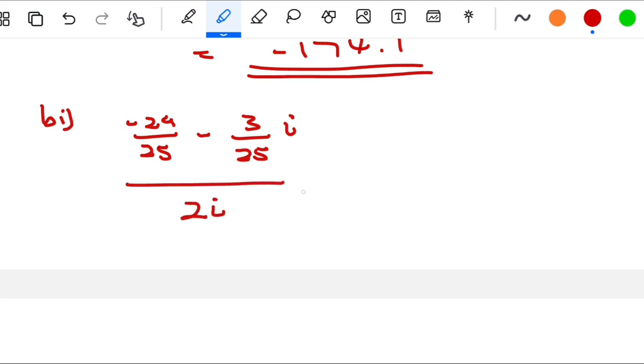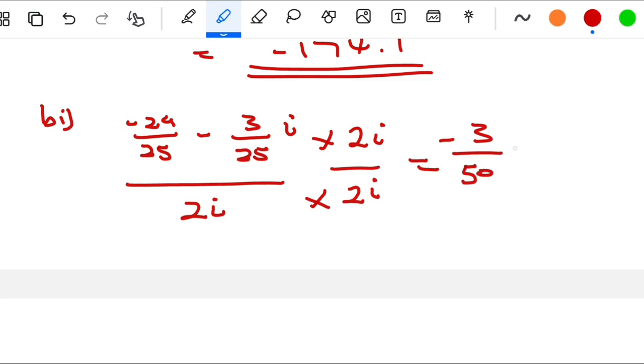Then now we rationalize by multiplying by -2i over -2i. Then we are going to get, after simplifying, -3/50 + 29/50 i as our answer.